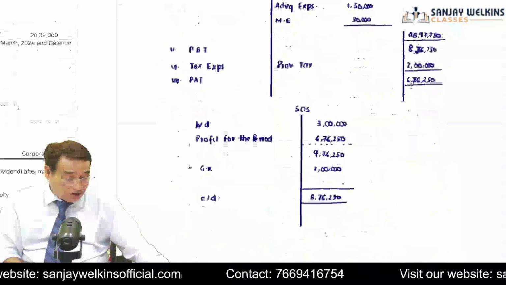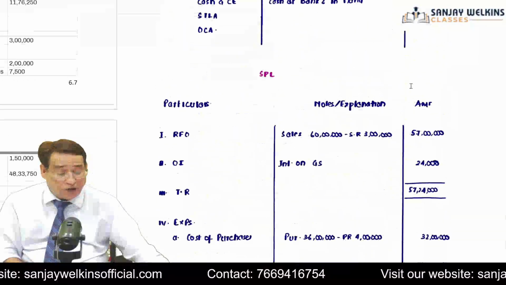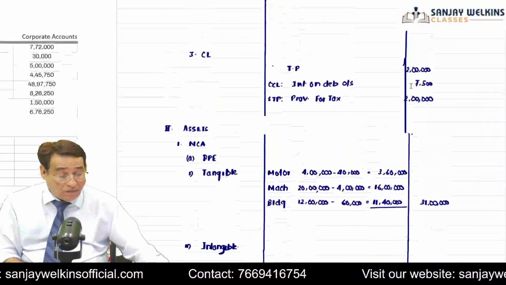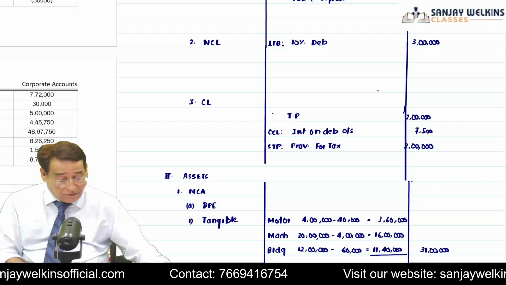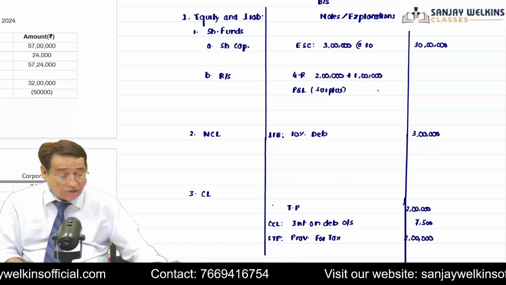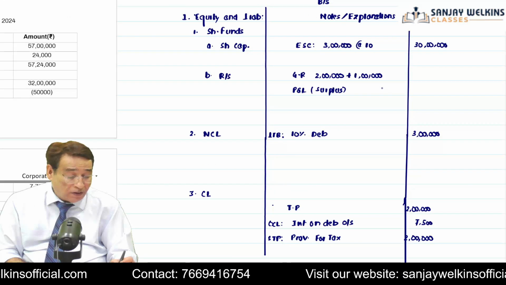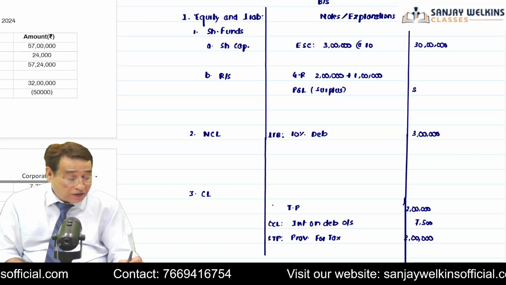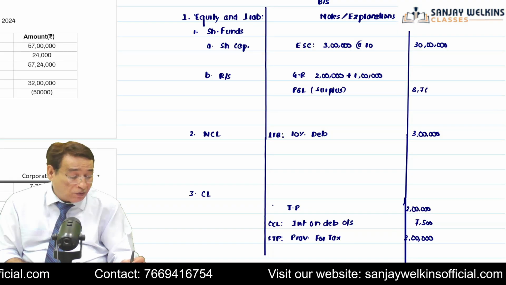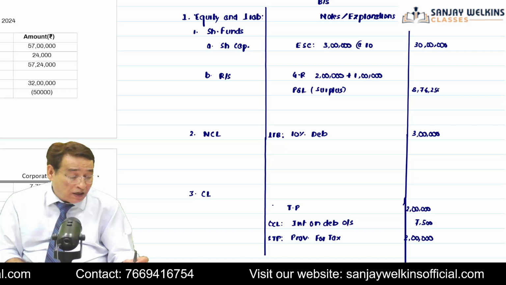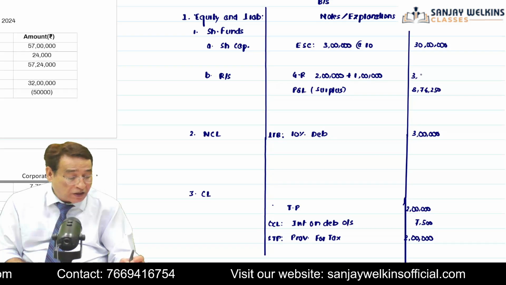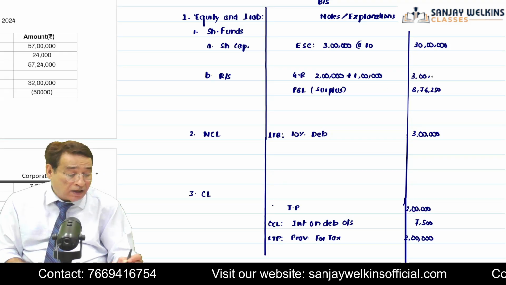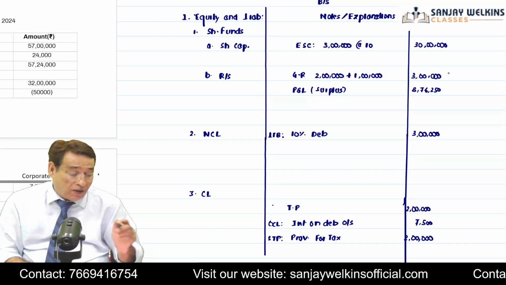I've forgotten the amount: 8,76,250. I will have to write 8,76,250 here. I will write it in the outer column; reserve and surplus is 3 lakh, but it is better to combine and then write in the outer column.